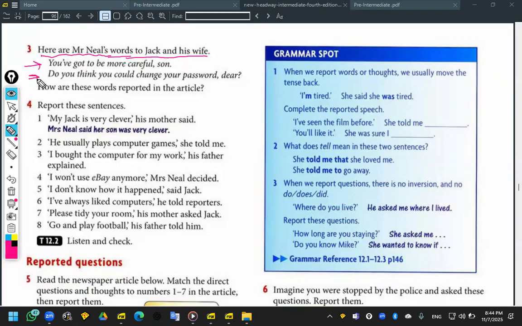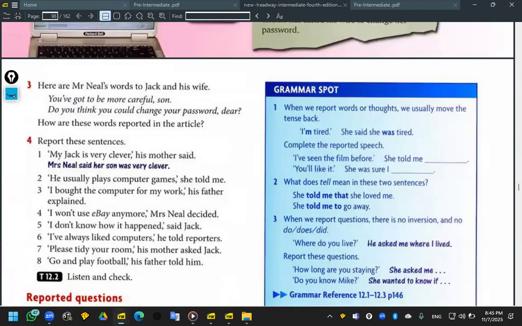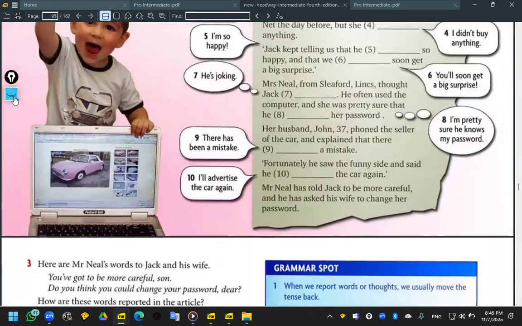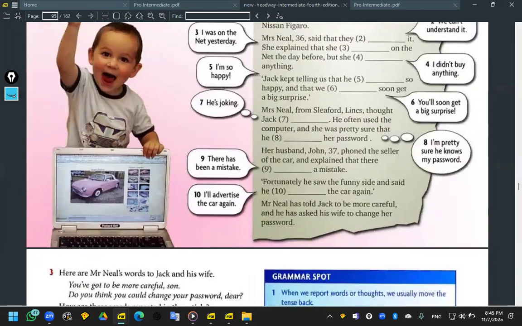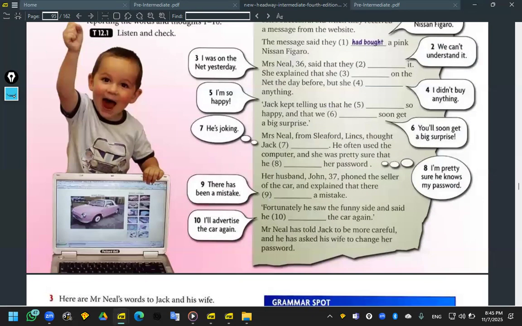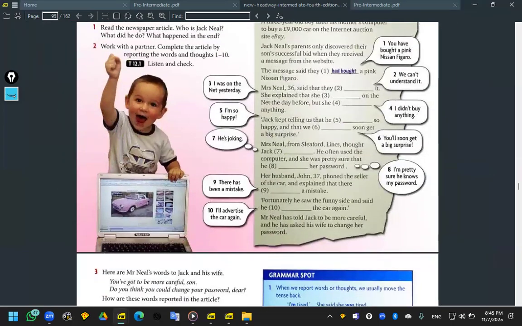Now, how are these words reported in the article? Let's try to check number 1, which is: you've got to be more careful, son. Let me try to search about it. I think I should read fast, and I have to zoom it out like this because I want to show you how it is reported.